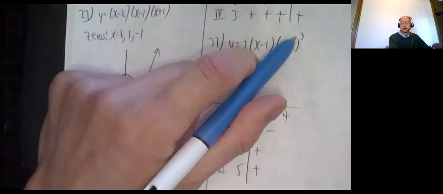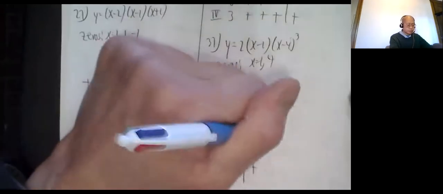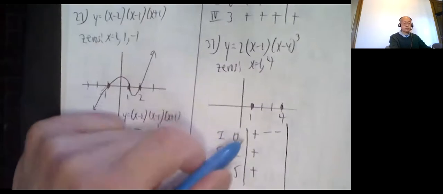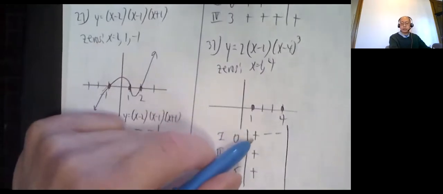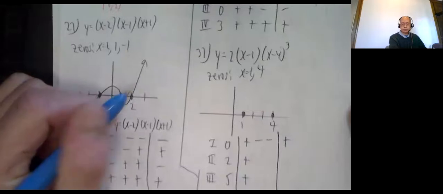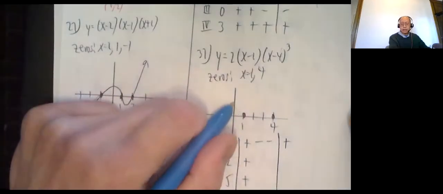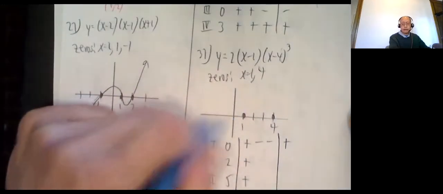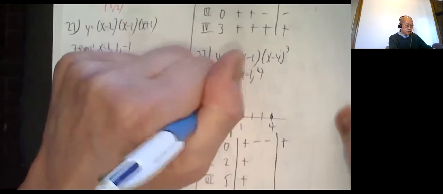A negative cubed. Negative times negative times negative is negative. So what makes the whole thing positive times negative times negative? Positive. So this side it's positive. There are no more zeros to the left of this point, so it shoots up to infinity.